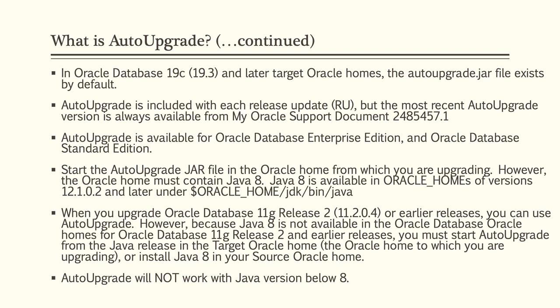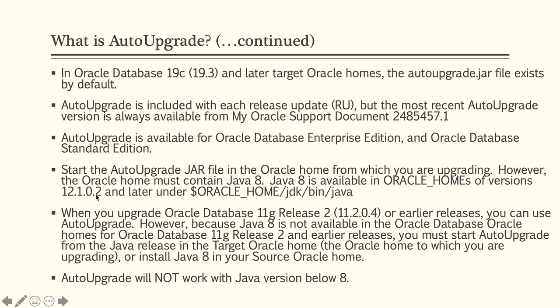Then you have to run the auto upgrade utility once from the 12.1 Oracle home, that is the source, which is on a different host, and then you would also need to run auto upgrade on the target Oracle home.